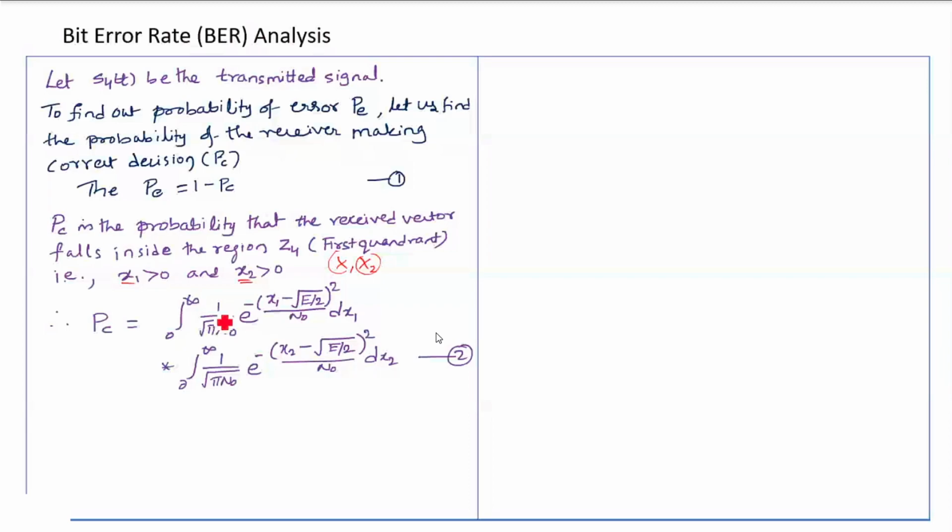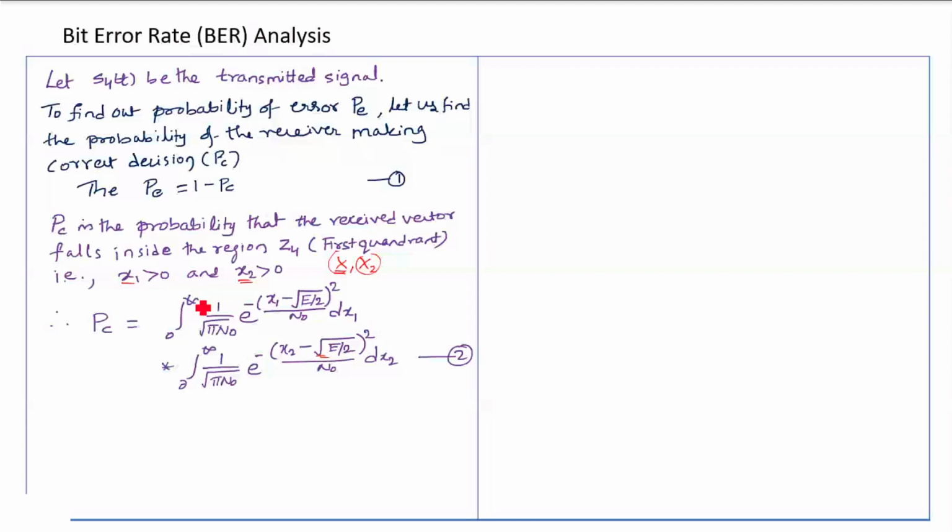What does this stand for? Square root of E by 2 is the mean value of the random variable x1. And this one is the mean value of the random variable x2.